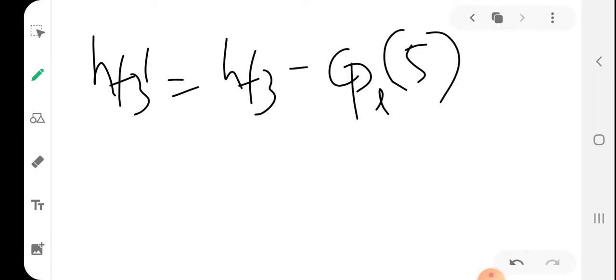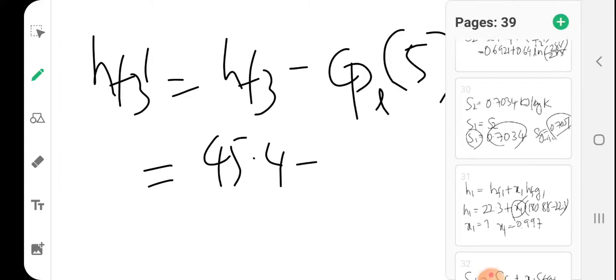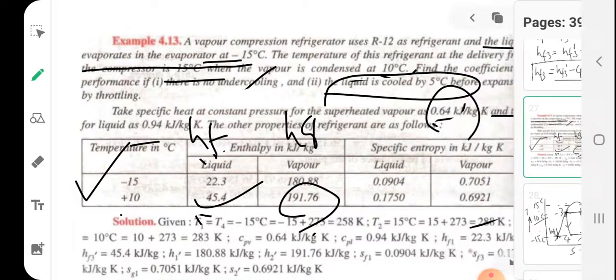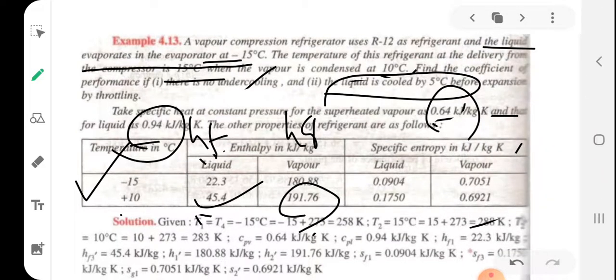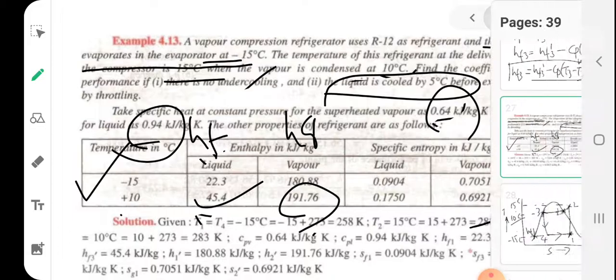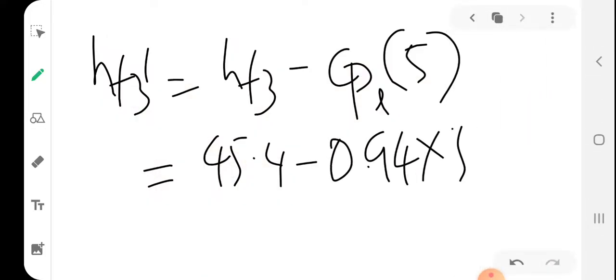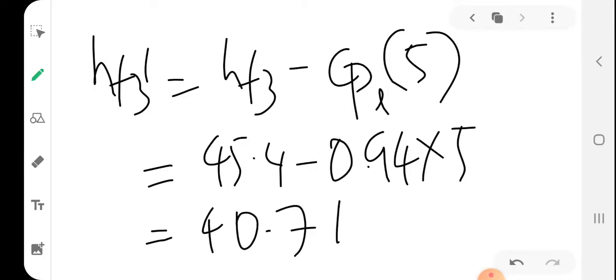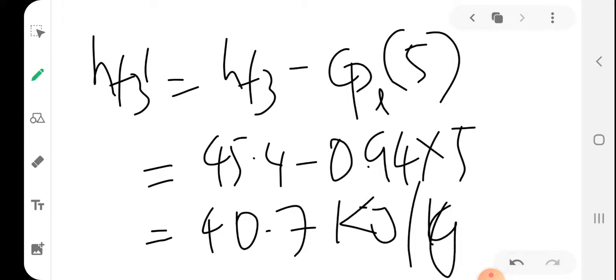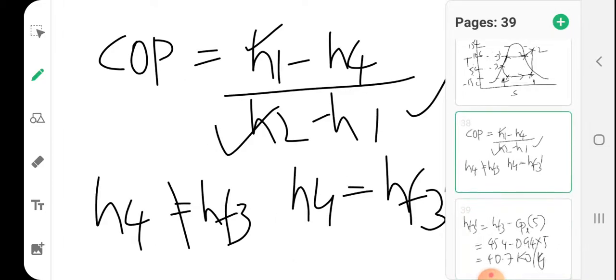HF3 is 45.4 minus Cp of liquid, which is not the same as Cp of superheated vapor. Cp of liquid is 0.94, given. So 0.94 into 5 will be around 40.7 kilojoule per kilogram.